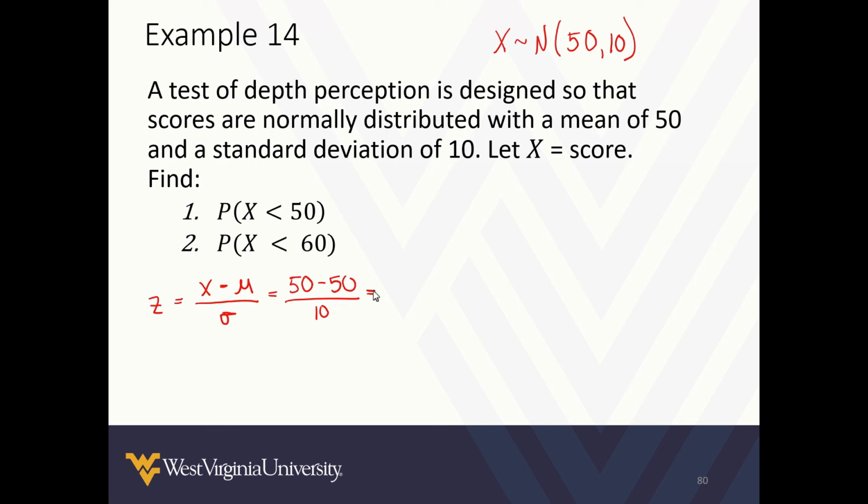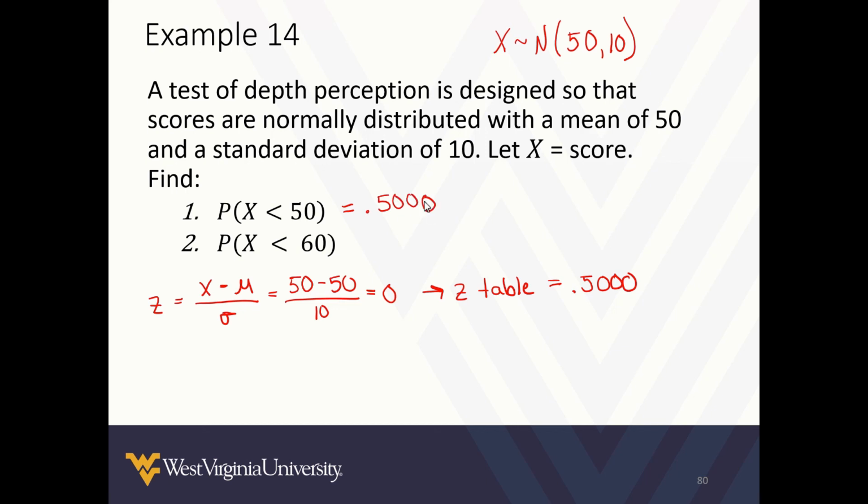So 50 minus 50 is 0, and 0 divided by 10 is 0. If we look this up in the z-table, we will get our probability to be 0.5000.